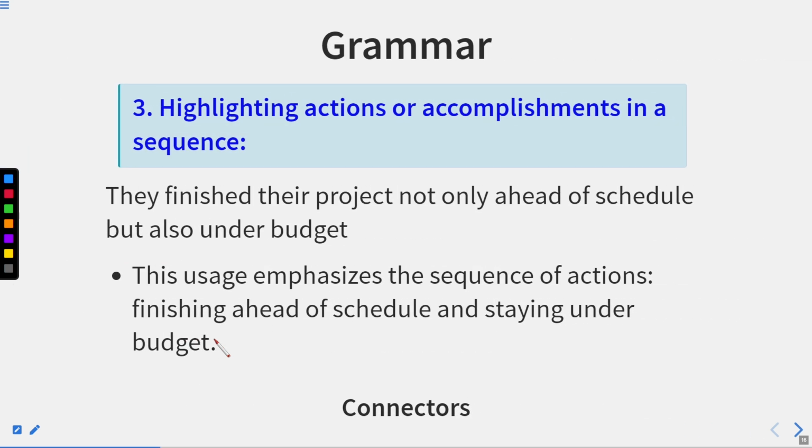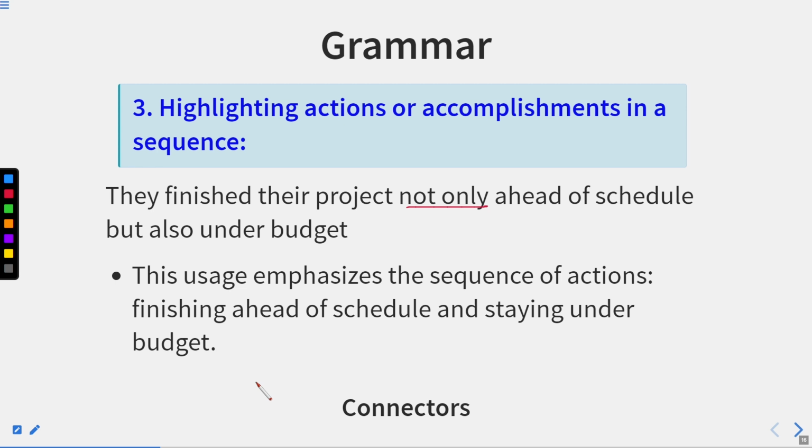Highlighting actions or accomplishments in a sequence. They finished their project not only ahead of schedule but also under budget. Now, one more thing which is very, very important is the position of not only and but also. Whenever we have two things that are to be joined together, not alternatives, actually, because if there are alternatives there must be a choice, but here we do not have alternatives.